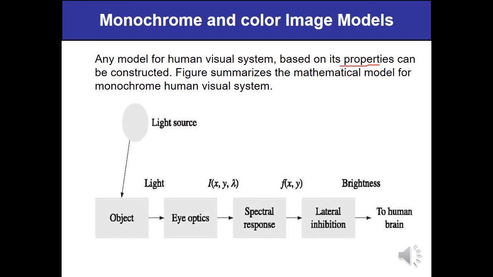This diagram shows the mathematical model for the monochrome human visual system. Here you can see the effect of light on the eye system using mathematical expressions, written as I(x, y, lambda) and f(x, y).